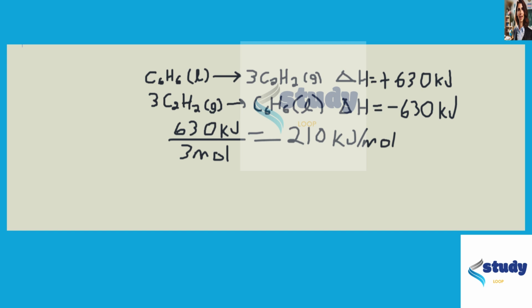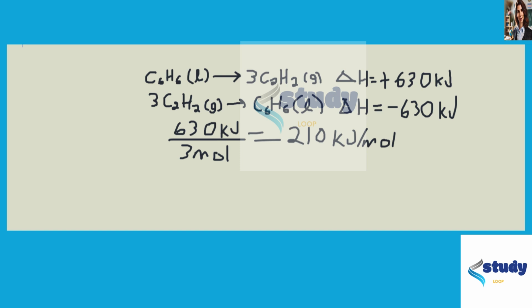For part D, they want to know if gaseous benzene would be consumed more readily than liquid benzene, and how this would affect the delta H. I would expect the gaseous benzene to cause the delta H to decrease. When you're doing this kind of reaction, you're not just converting benzene to acetylene, you are also producing a phase transition, going from liquid to gas.